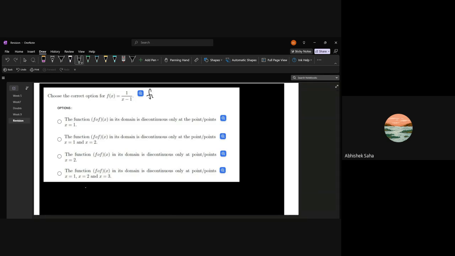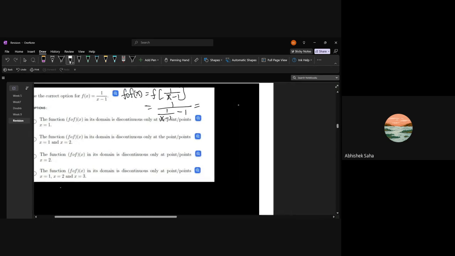That is equal to 1 upon (1 upon x minus 1) minus 1. This is equal to what? x minus 1 upon 1 minus (x minus 1), which is x minus 1 upon 2 minus x. This is the value.